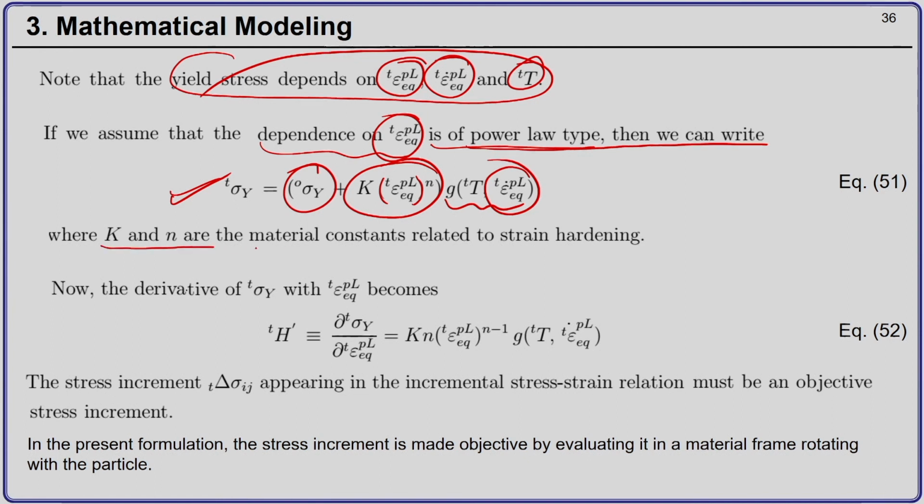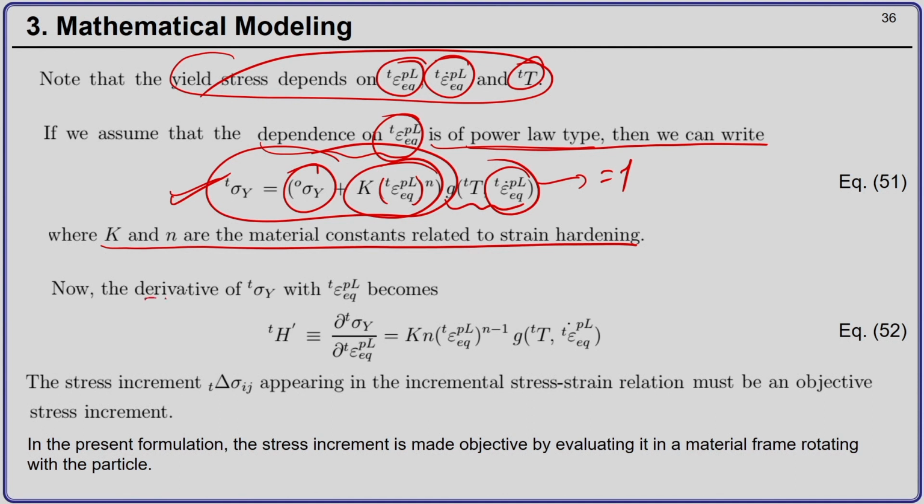Here k and n are material constants which are related to strain hardening. Now, if I had an isothermal static case, then this function will be equal to 1 and therefore, I get the usual power law type of isotropic hardening.